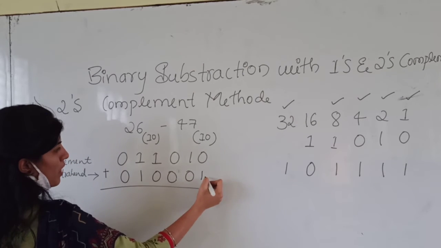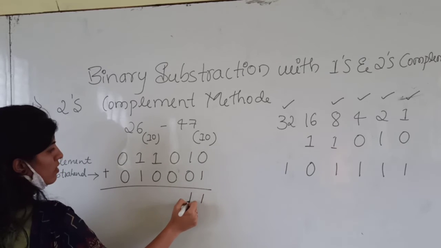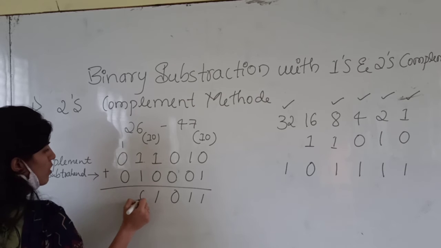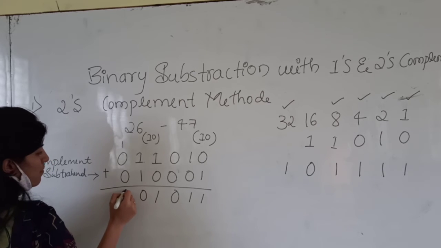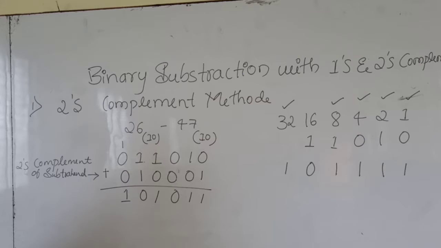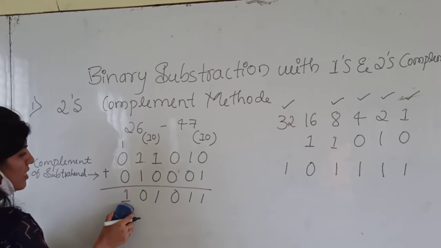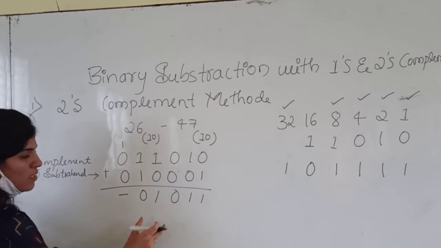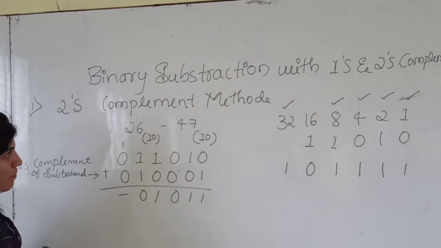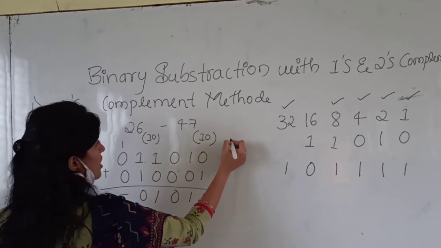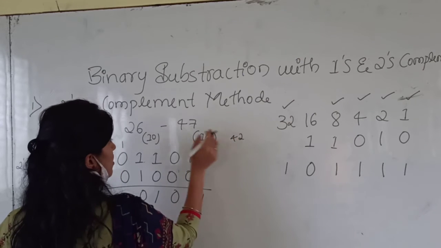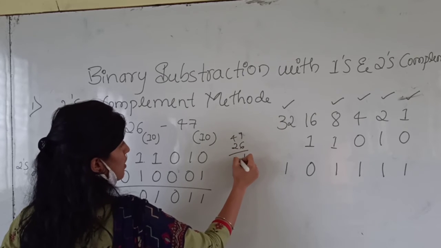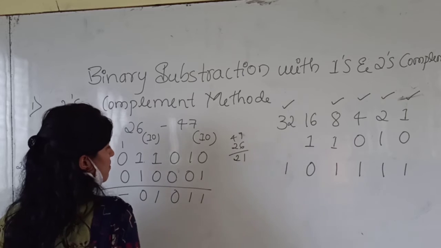It will become 1, 0, 1, 0, 1, 1. Here no carry will be generated. You just write down the result, and add a negative sign in front of this binary equivalent. In decimal, 47 minus 26 becomes 21.